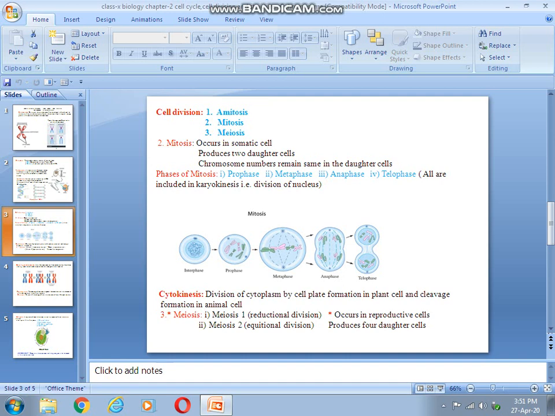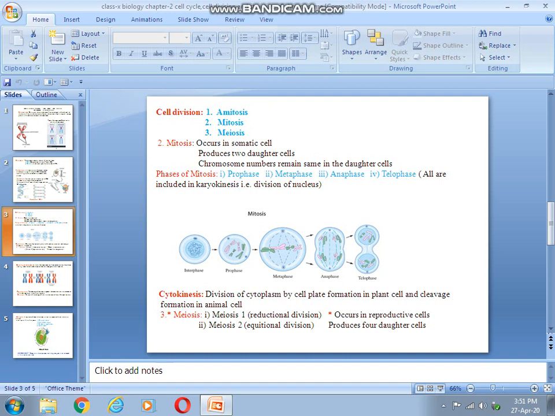Now, what is cell division? Division of cell. The types of cell division. There are three types of cell division: amitosis, mitosis, and meiosis.